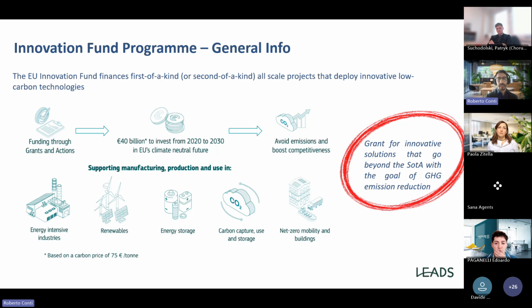So briefly, we can say that the Innovation Fund is designed to accelerate the market uptake of clean technologies that can contribute significantly to Europe's climate neutrality goals.